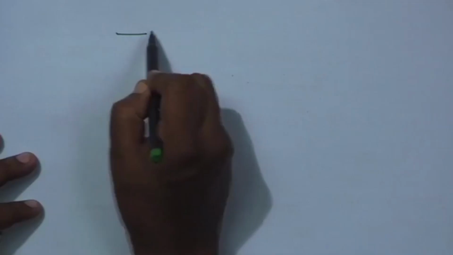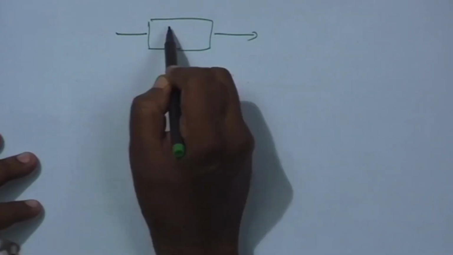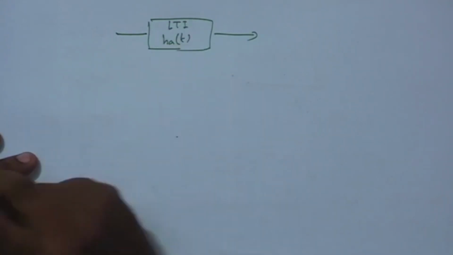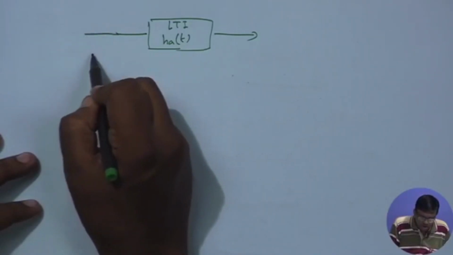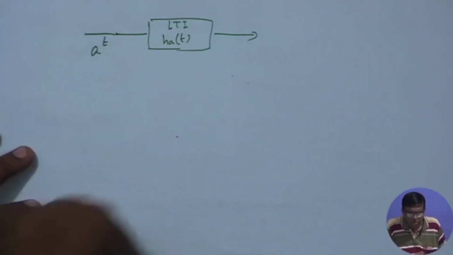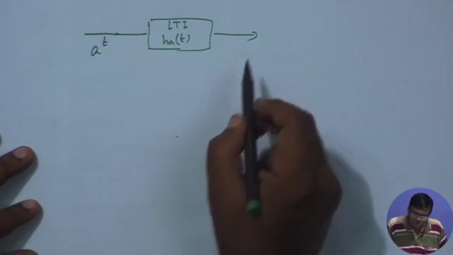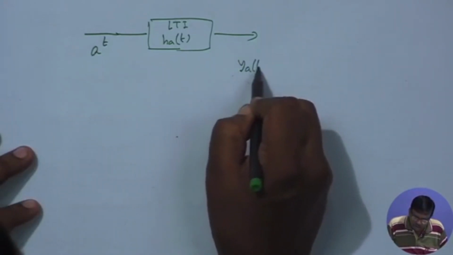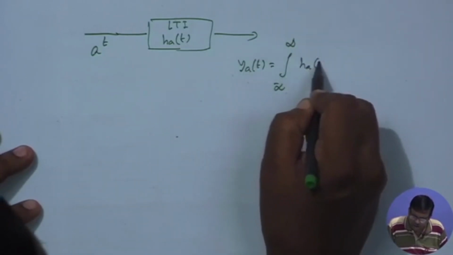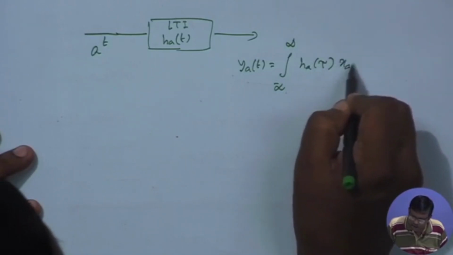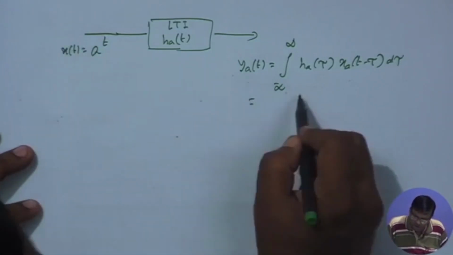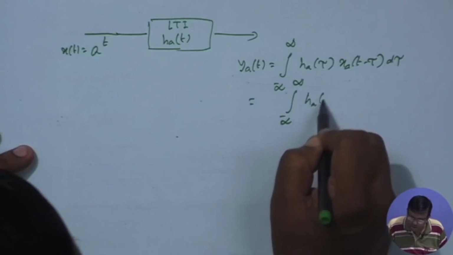Suppose this is a linear time invariant system, so LTI, and it is characterized by impulse response h(t). Also, if you take any function of the form a to the power t, where time t comes in the power, then it is an eigen function, because the output in this case at any time t is the convolution, again the second form of convolution, h(tau) x(t minus tau) d tau, but this is your x(t). So, minus infinity to plus infinity, absolutely similar steps.